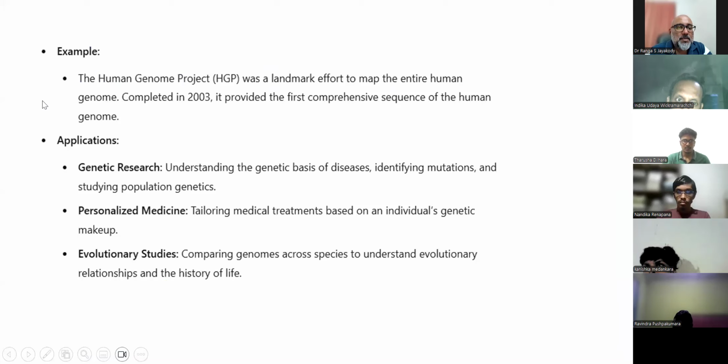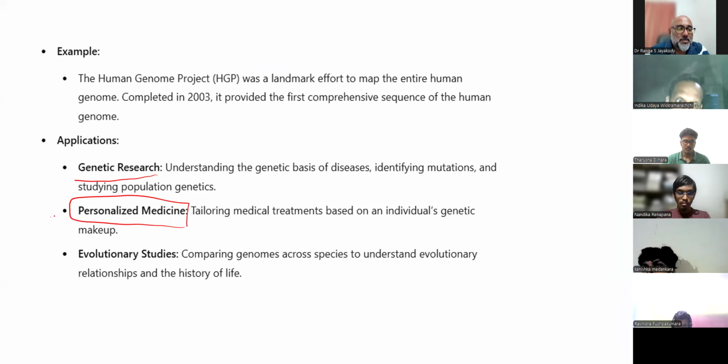Okay. So the human genomic project, and what is the significance of it? We can use this information in genetic research and personalized medicine. It's very important because if you analyze your genomic data, one advantage is that we can predict whether we're going to have any genetic diseases, or whether we are about to have any other type of diseases as we move on, right?